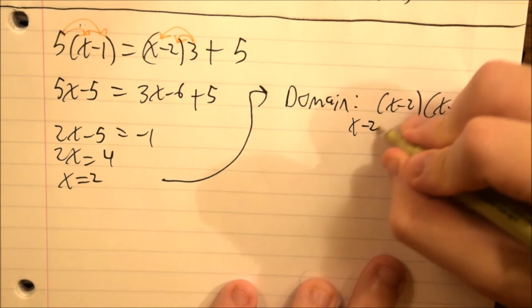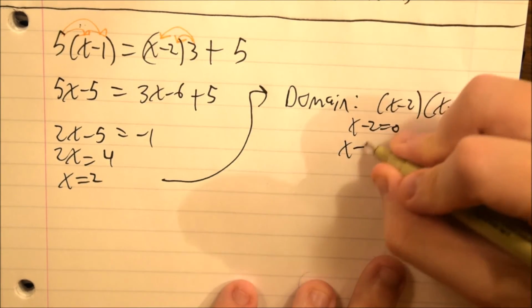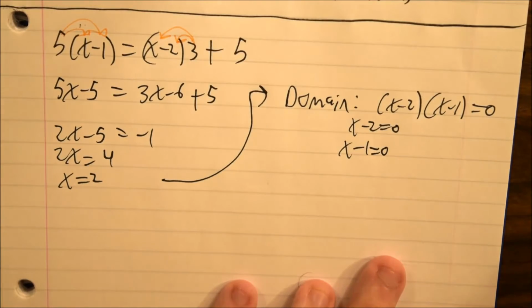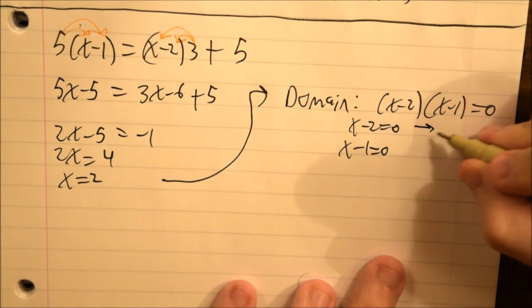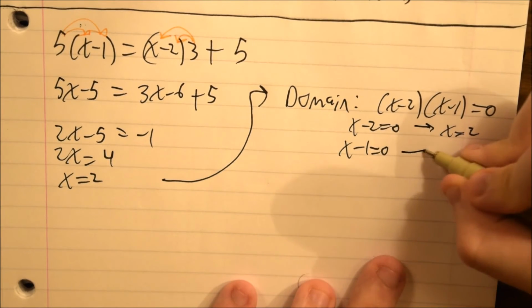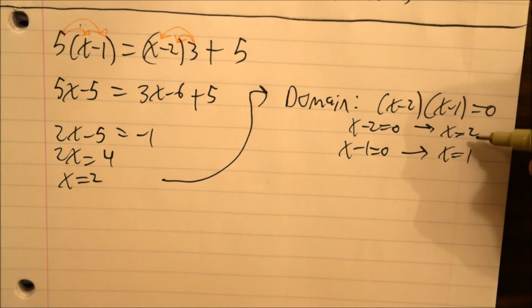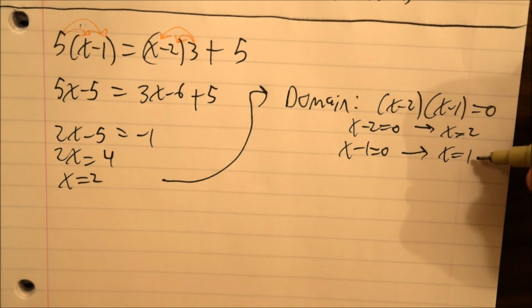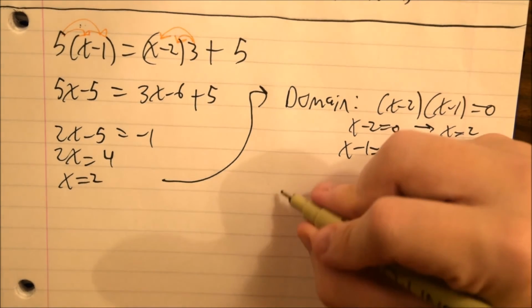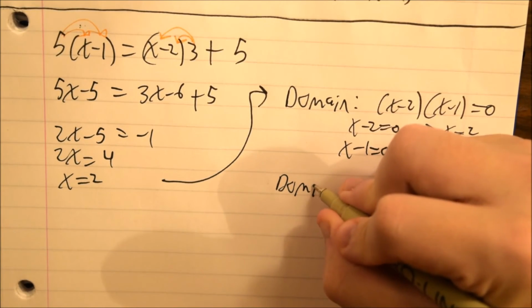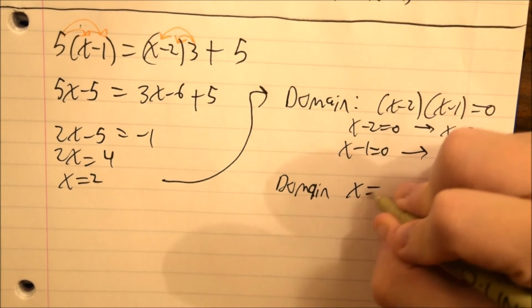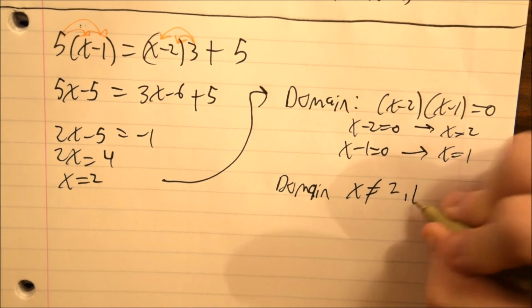That gives me x minus 2 is 0 and x minus 1 is 0. So the first one gives me that x equals 2, and the second one gives me that x equals 1. So that means that if I plug in a 2 to the bottom, I get 0, which is bad. If I plug in a 1 to the bottom, I get a 0. That's also bad. So my domain is x does not equal 2 and 1.